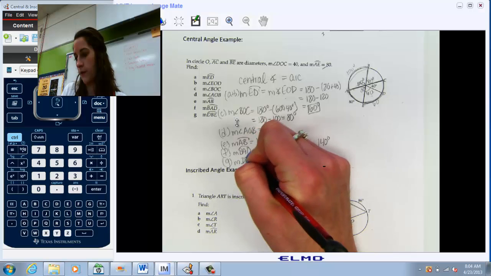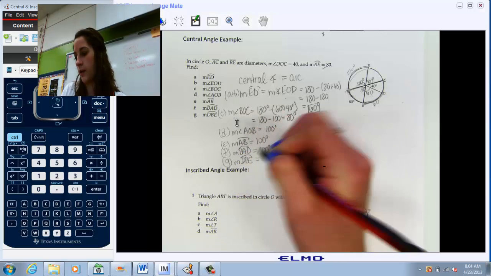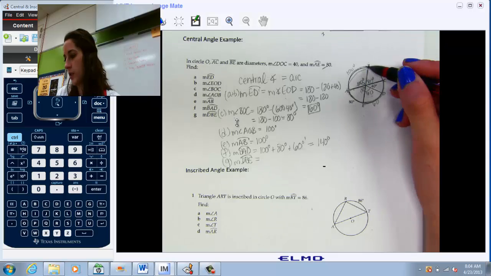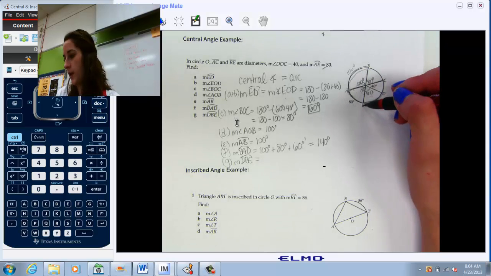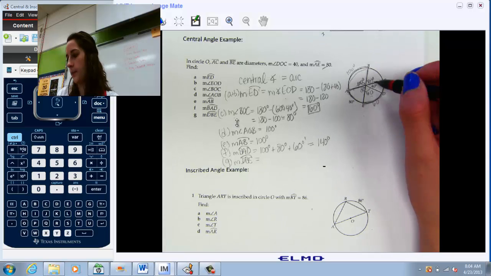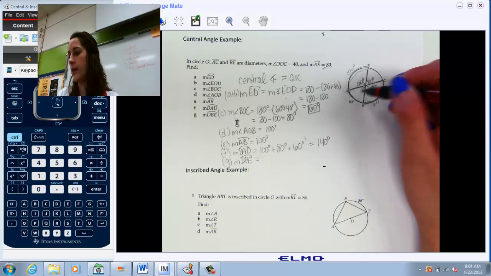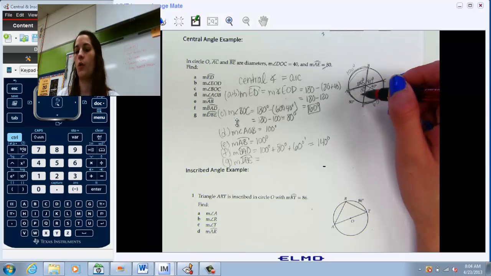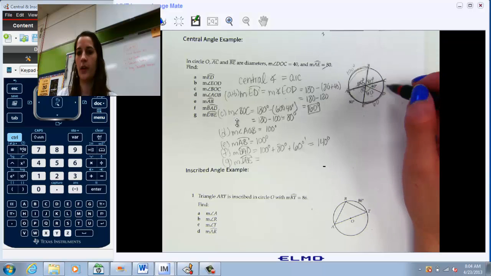Measurement of arc DBE. So we can go ahead and add up all of these angle measures, or we can think. We know that the number of degrees in a circle is 360.